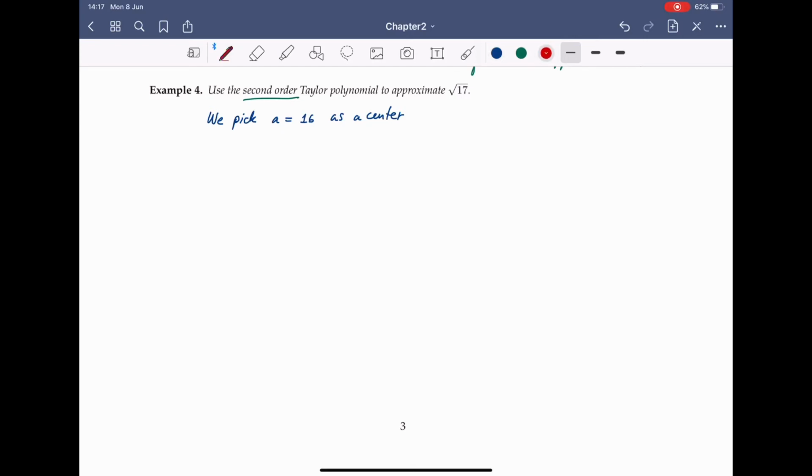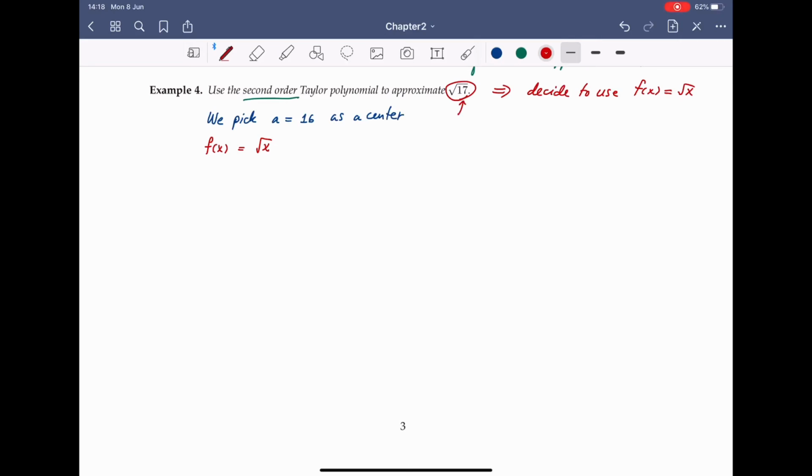All right, so first I have f(x) equal to square root of x. Because I have square root of 17 here, we decide to use f(x) equal to square root of x because it is easy to differentiate, and also it is the function we are looking for from the question.